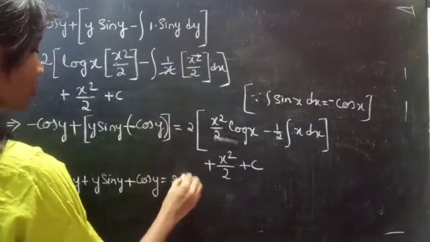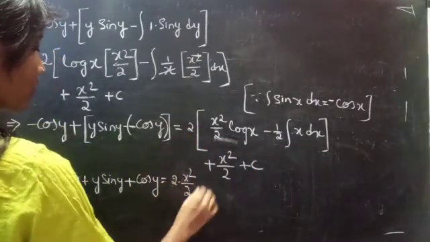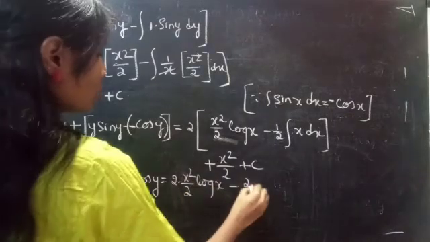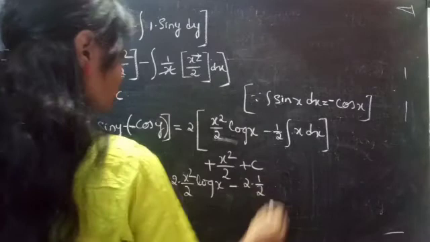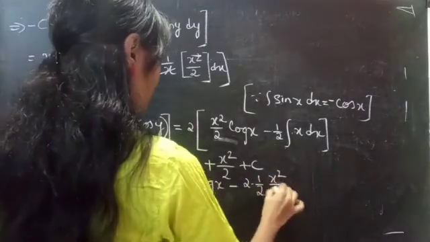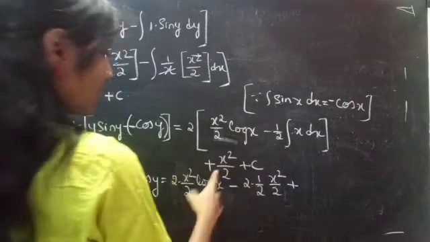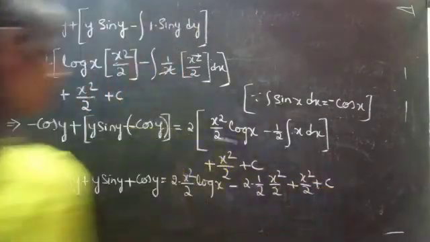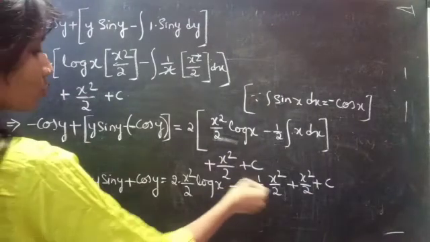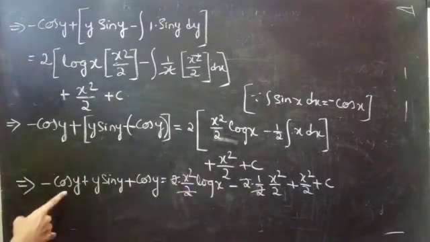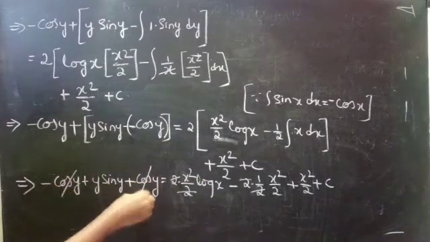So 2 into x squared by 2 into log x minus 2 into 1 by 2 into integral x dx, which is x squared by 2, plus x squared by 2 plus c. Okay, so 2 gets cancelled. Here also 2 gets cancelled. And here minus cos y and plus cos y gets cancelled.